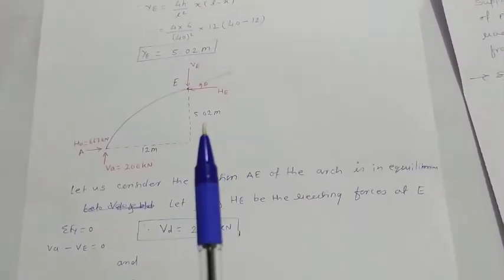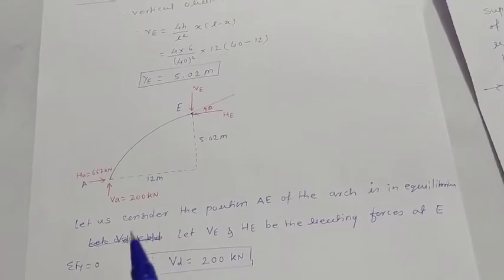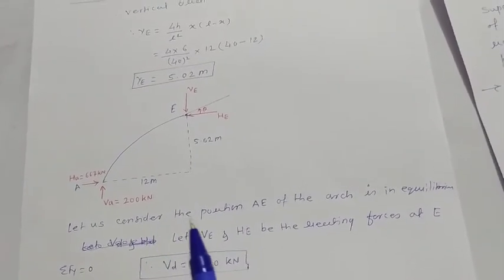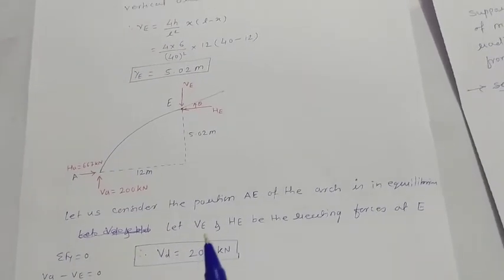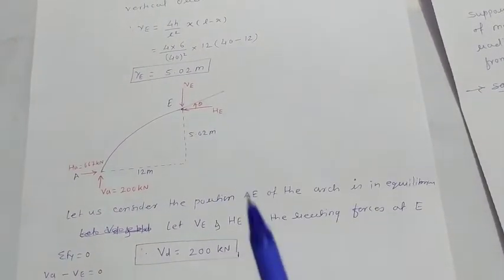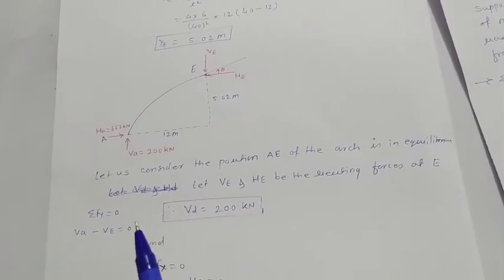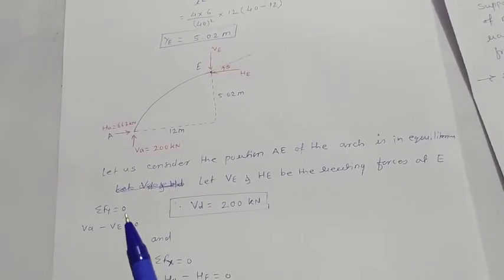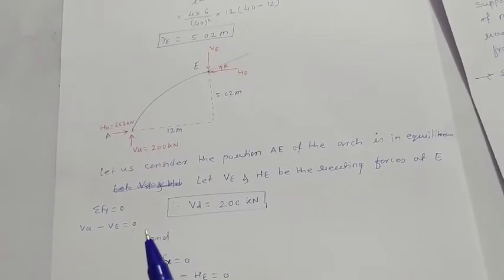So just find out the support reactions. Let us consider portion AE is in equilibrium and let VE and HE be the reacting forces at E. So if you use the condition summation Fy is equals to 0, VA minus VE is equals to 0.